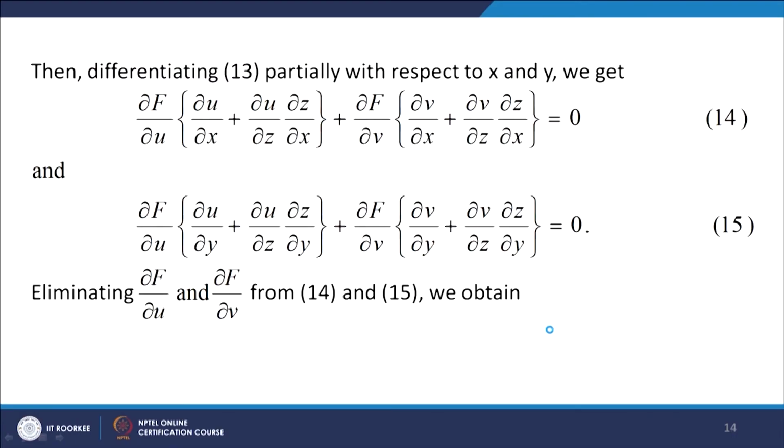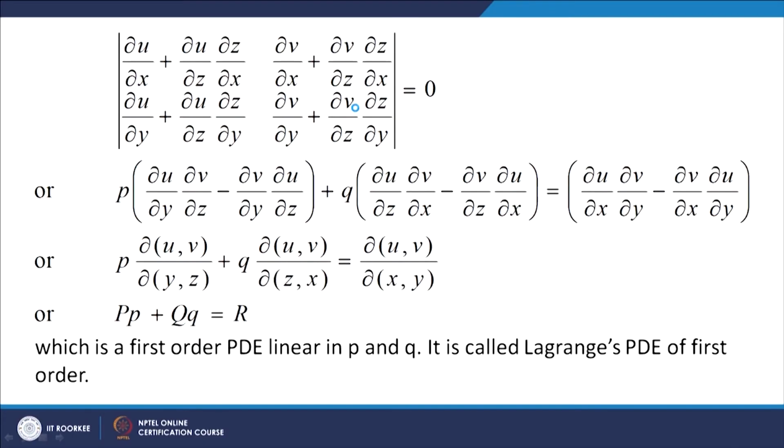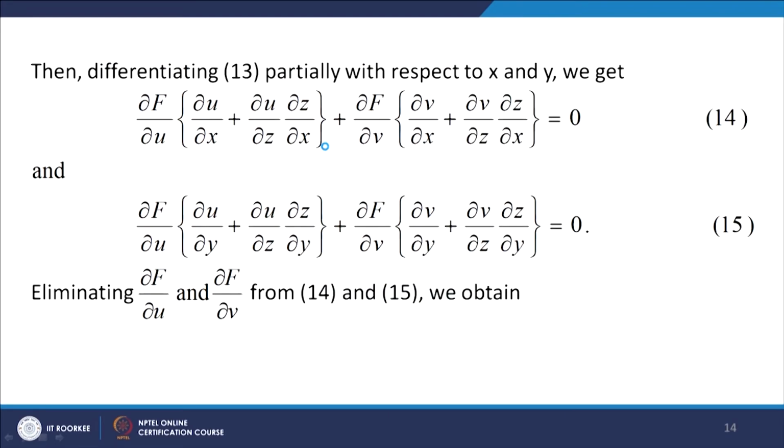So, we get these two equations, and when we eliminate fu and fb, the arbitrary derivatives of the arbitrary function f with respect to u and b as we had discussed earlier, this will give you the following. This determinant equal to 0, and you can write it in the form of a matrix equation, where the coefficient matrix will have the elements a11, a12, a21, a22, multiplied by the column vector fu, fb equal to 0.